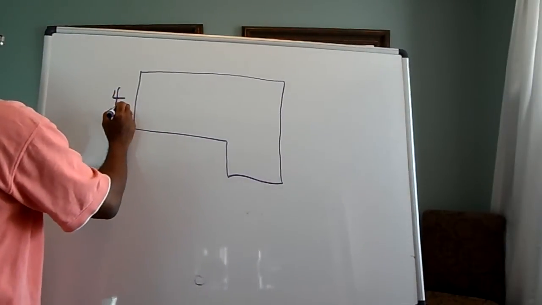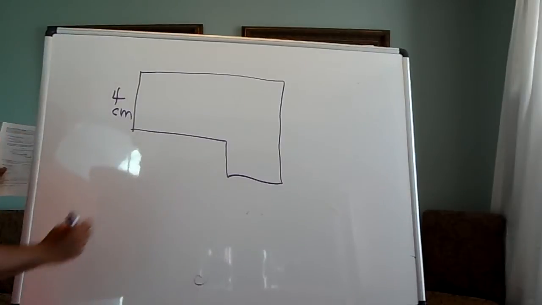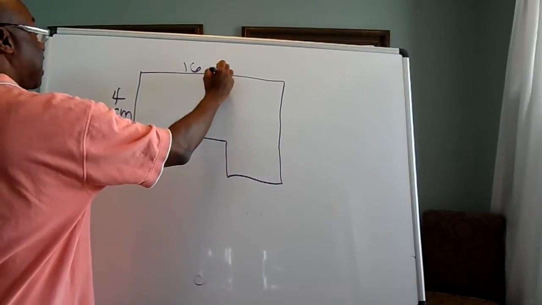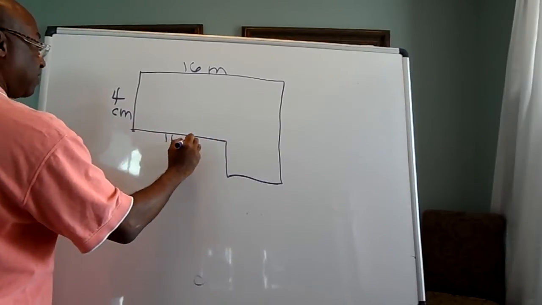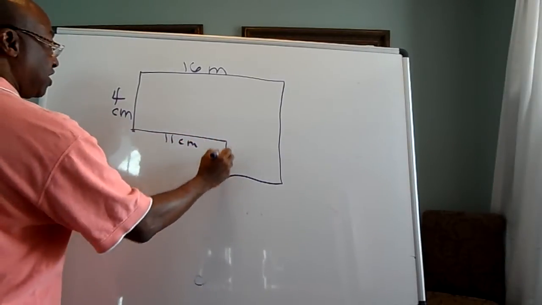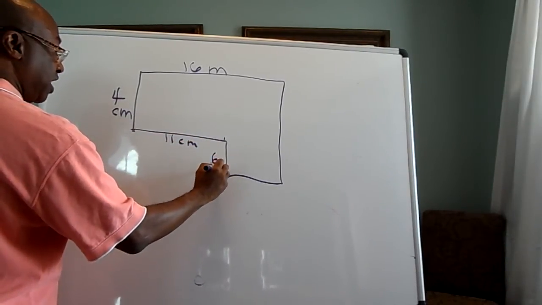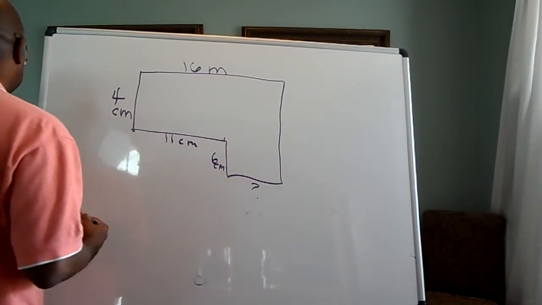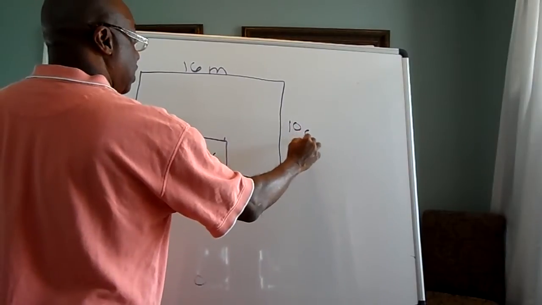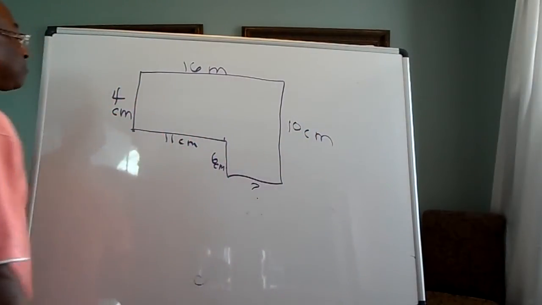This is 4 cm, this is 16 cm, this side right here from here to here is 11 cm, and this is 6 cm right here. This is what we need to figure out. This is 10 centimeters.